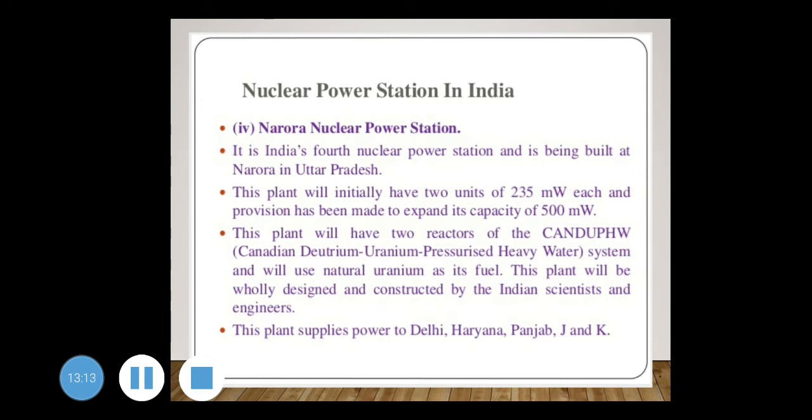That means the capacity of the Narora power plant can be increased to about 500 megawatts. This plant has two reactors and sends power to Delhi, Haryana, Punjab, and also Jammu and Kashmir.